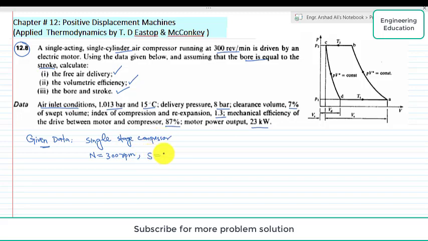Stroke and bore are equal. Air inlet conditions are P1 is 1.013 bar, while temperature T1 is 15 degrees centigrade, which is 288 Kelvin.